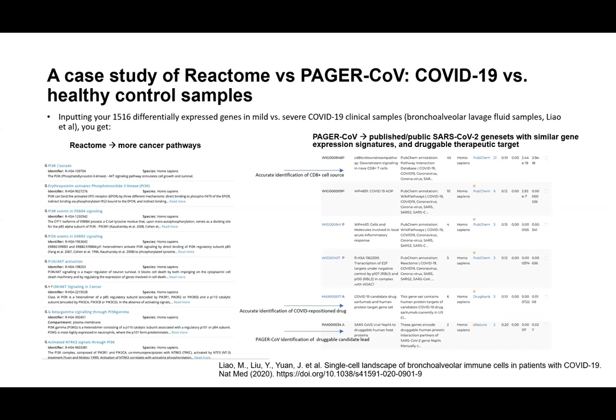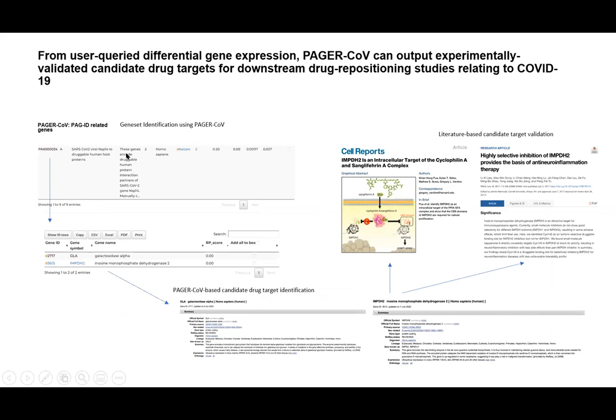And then most interestingly, you get PAGER-CoV identification of a druggable candidate lead. I think you can see my cursor, but maybe you can't. You can click on this. So next slide, you see viral NSP14 to druggable human host. You click on this, and there are two genes identified.